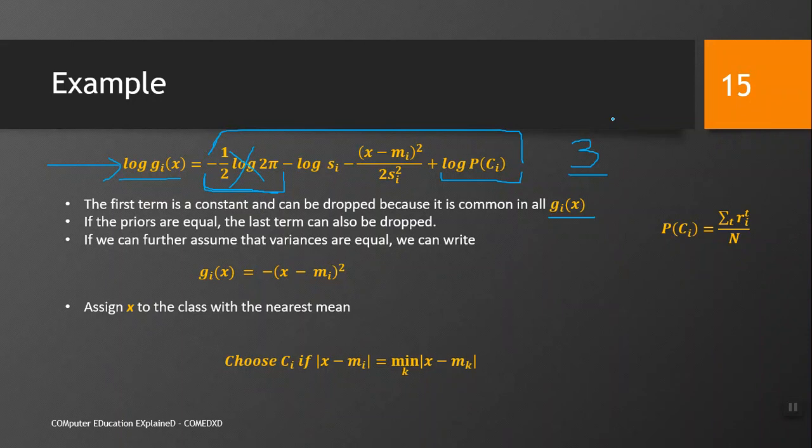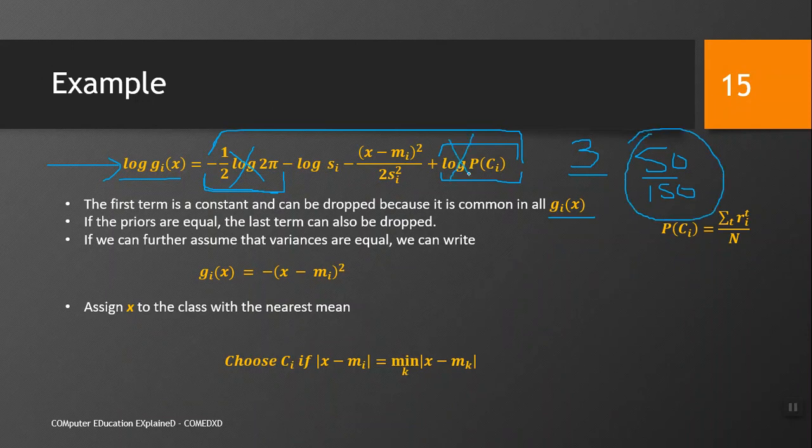If you are working with this flower data set, the flower data set contains 50 instances for each class. So, in that case, this prior probability for each class would be 50 over 150. Again, it is a constant number and it is not going to affect the formula.